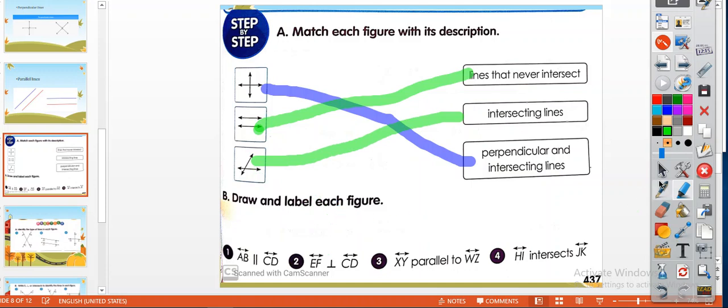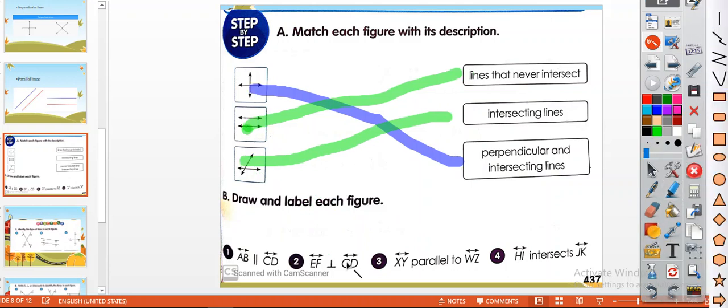Now question B says, draw, describe, and label each figure. Look at the sample that we have. AB, a sample, CD. EF, a sample, CD.